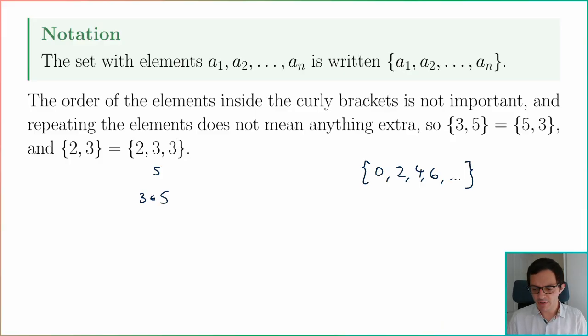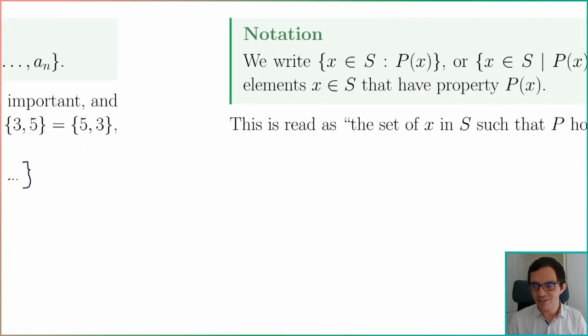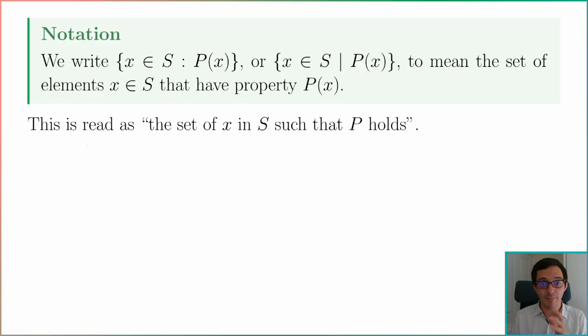Okay, so repeating elements doesn't mean anything, and order of elements doesn't mean anything. I think it's my job to show you some confusing examples if I can. No, first, I should do some normal examples first. So we've mentioned that you might have a set defined by some property. We talked about the even numbers quite a bit.